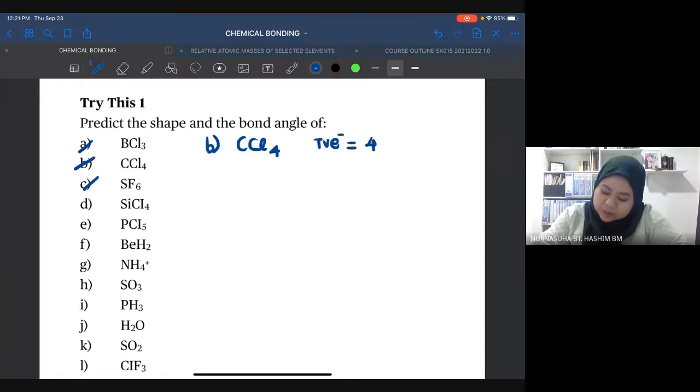Okay, 4, 7, 14, 21, 28 elektron. So, minus 8. Minus 8, so 20. 24 elektron lah.